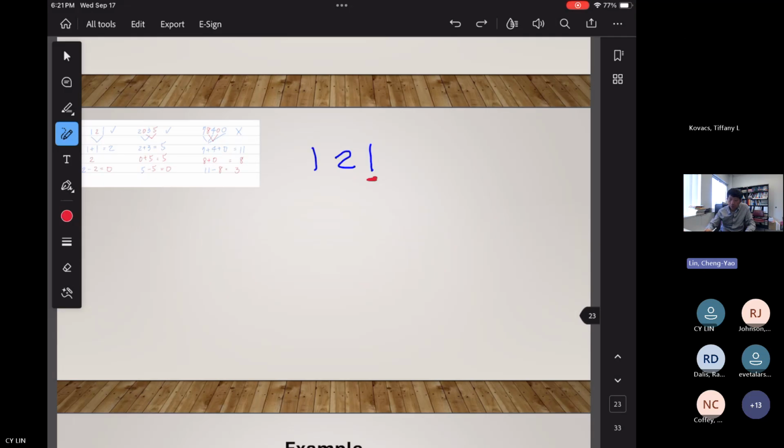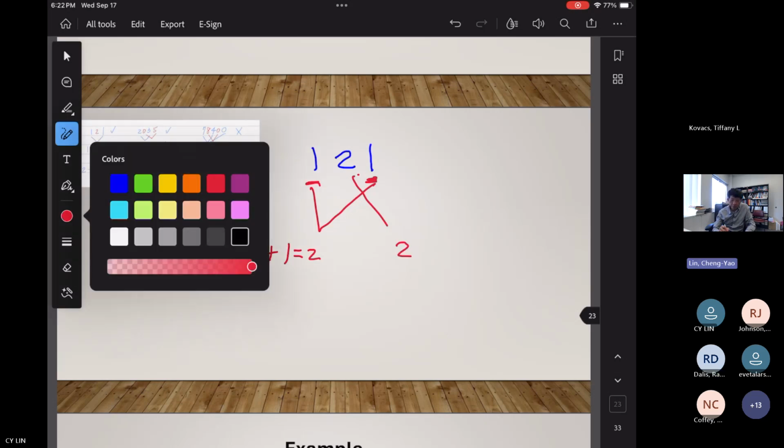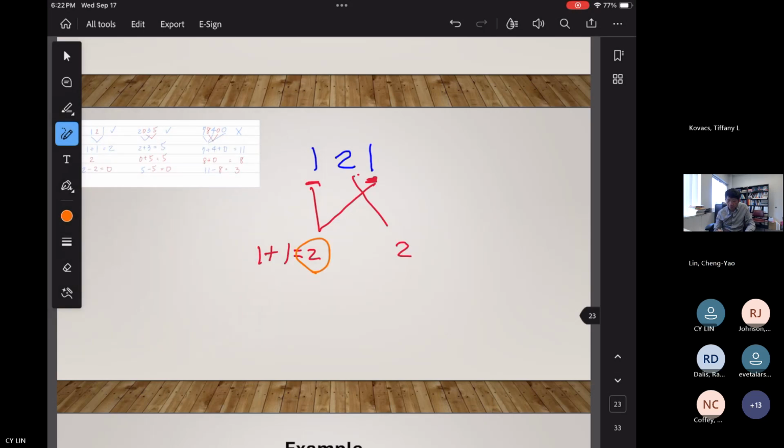So we take R and R plus together, which is equal to 2, right? And then finally, we take 2 minus 2, which is equal to 0.